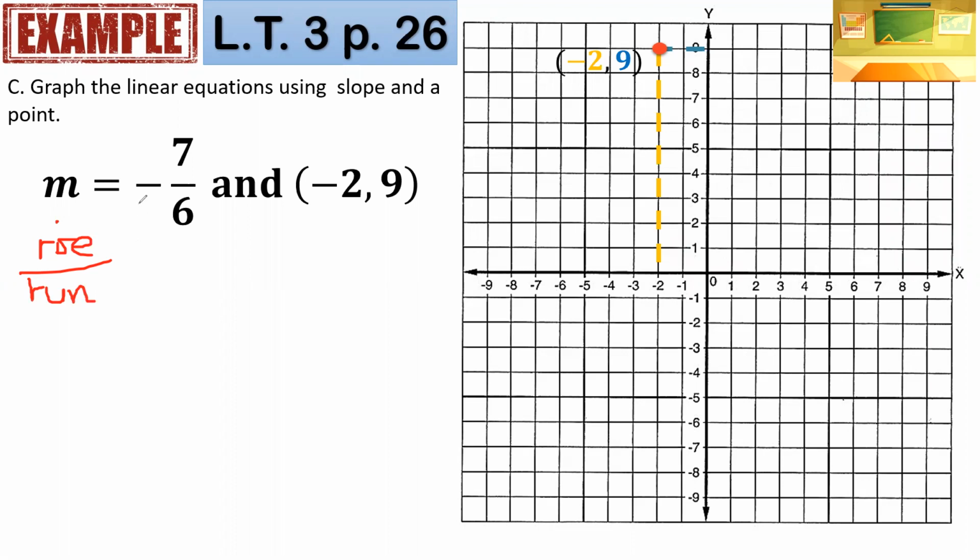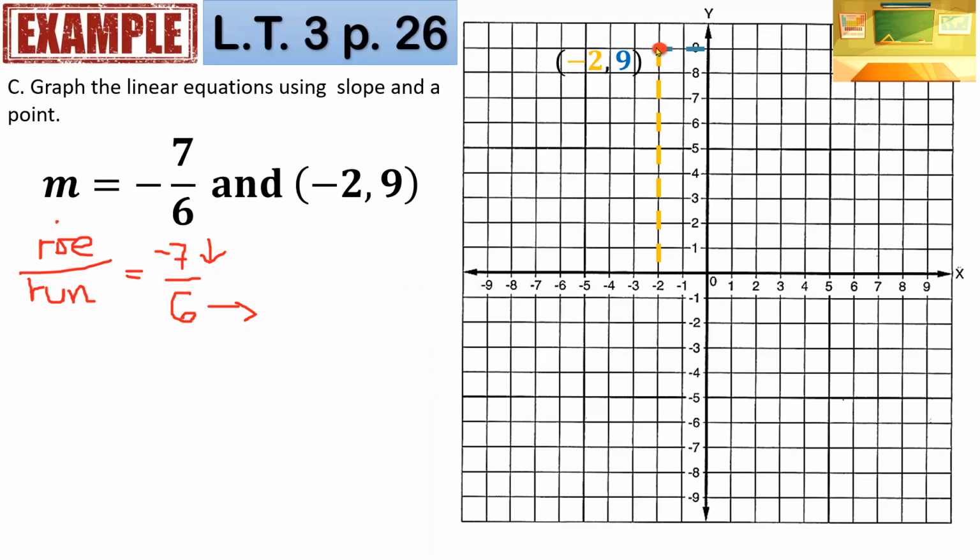Itong -7 over 6, pwede kasing isulat natin yan as -7 over 6, kasi negative divide positive, negative pa rin naman. In this case, dahil negative 7 to, baba ako ng 7, ang 6 ko naman, kakanan ako ng 6.